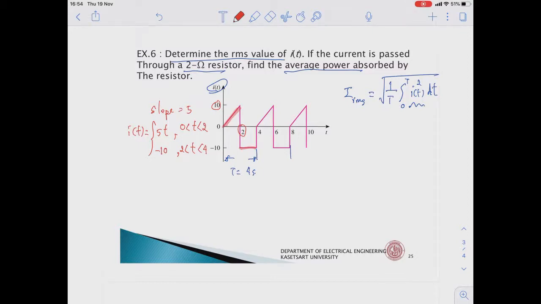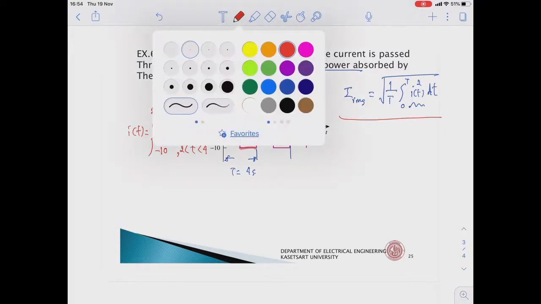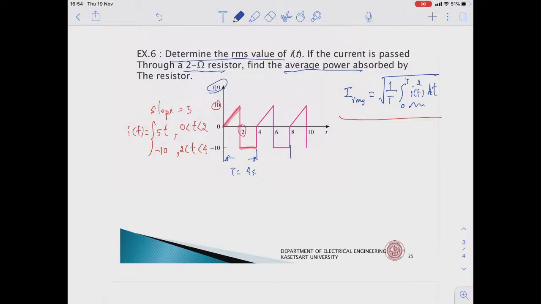And so now we can use this formula to find the I RMS. So I RMS is equal to the square root of 1 over 4 integrate from 0 to 4.